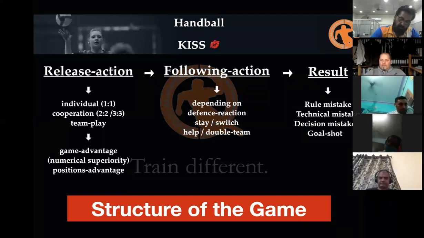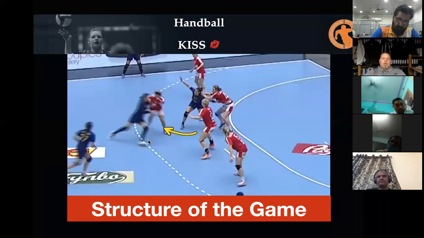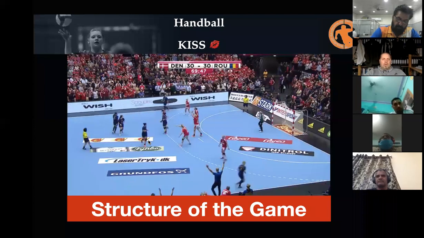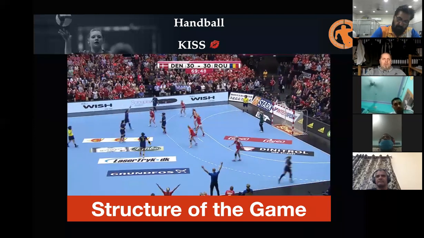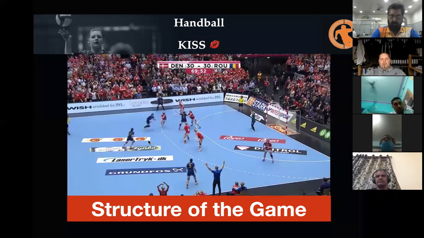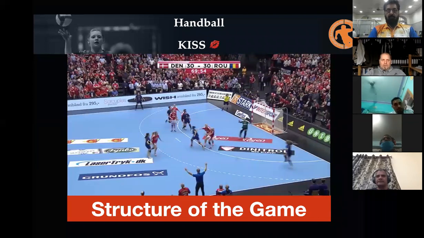And I have a quite nice video again from Neagu, in which you can see that release action on one side and final situation on the other side, they can be taken or can be divided over different positions. So let's see what happened in detail here.